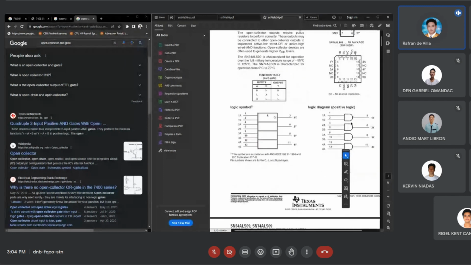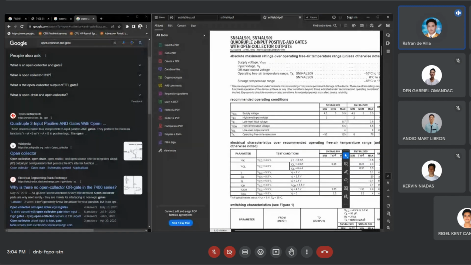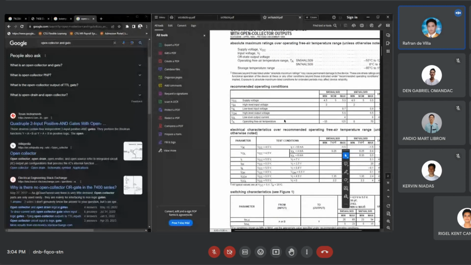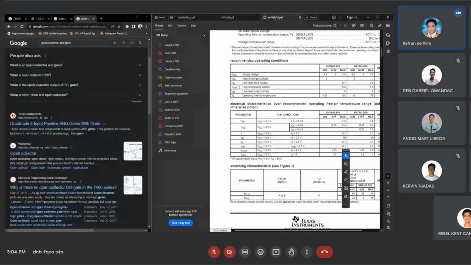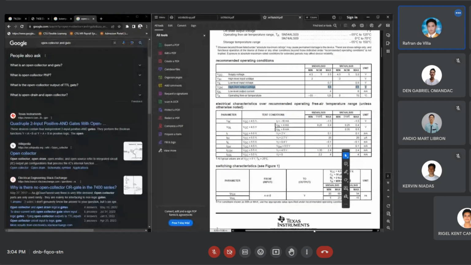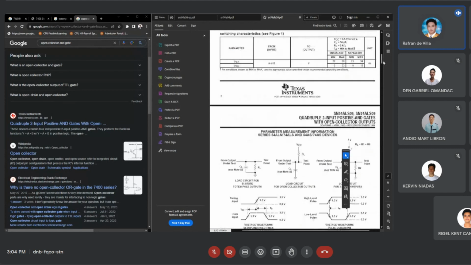As you can see, it's basically just an AND gate, but its output voltage, as you can see on the data sheet, reaches 5.5. Okay?